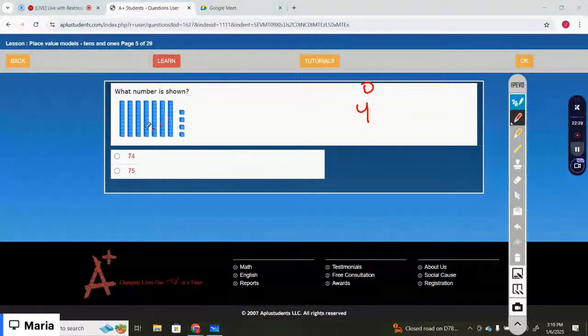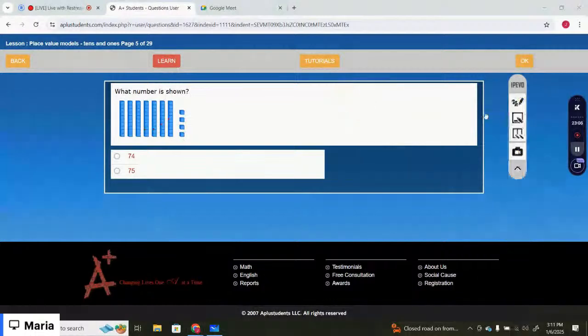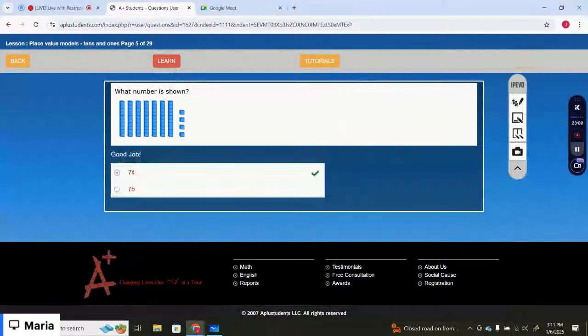And you have one, two, three, four, five, six, seven lines. These lines represent the tens digit. So 7 is at the tens position. The number they make is 74. Option number 1 is the correct option. 74 it is.